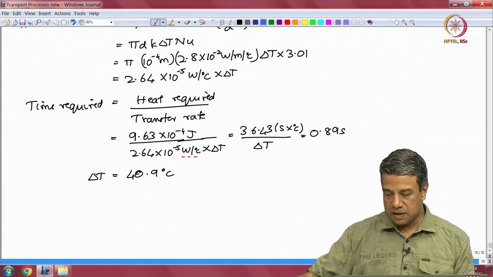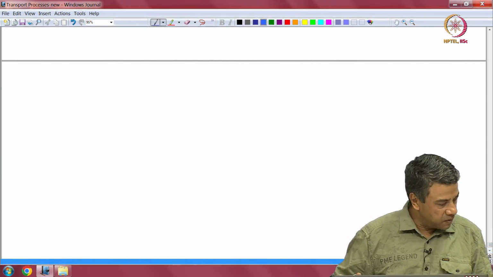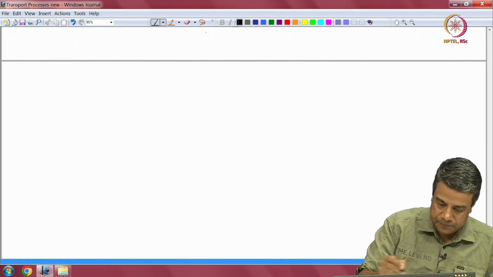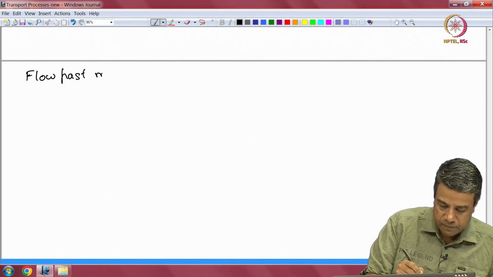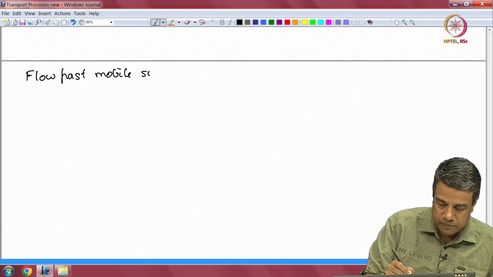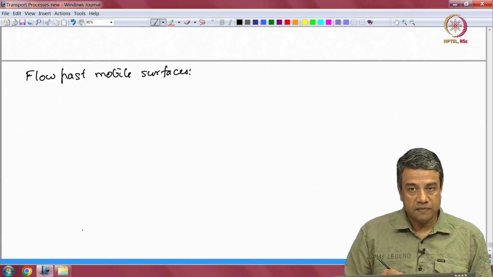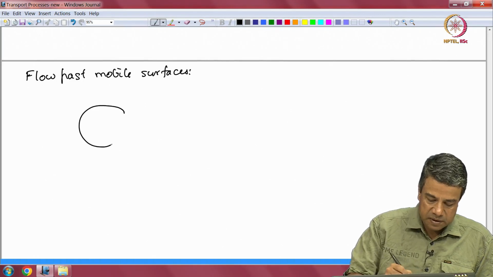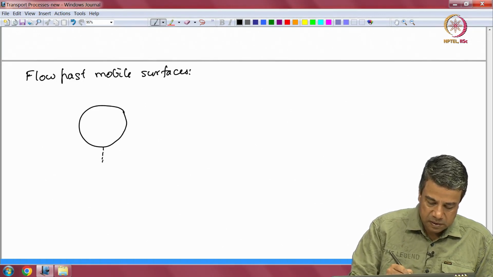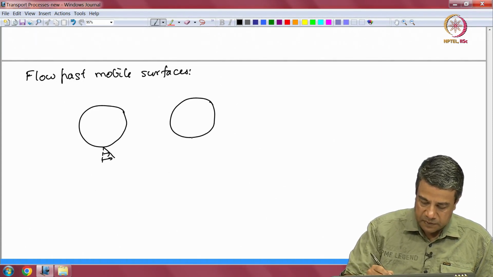So, we have considered so far the flow past rigid surfaces, okay. What about the flow past mobile surfaces? Okay. The basic difference between a rigid surface and a mobile surface, if I take for example the flow past a particle, okay, and the flow past a bubble. Okay.